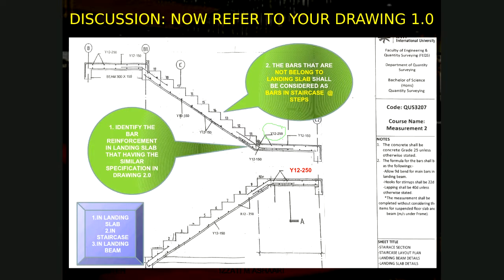Can you see the difference? Okay, let's see the first one. Y12 250. Now this one is belong to A. Okay, so this one is B. It is actually in different way. Okay, if I draw in 3D, it should be this way. Can you see that? Oh, sorry, wrong color.